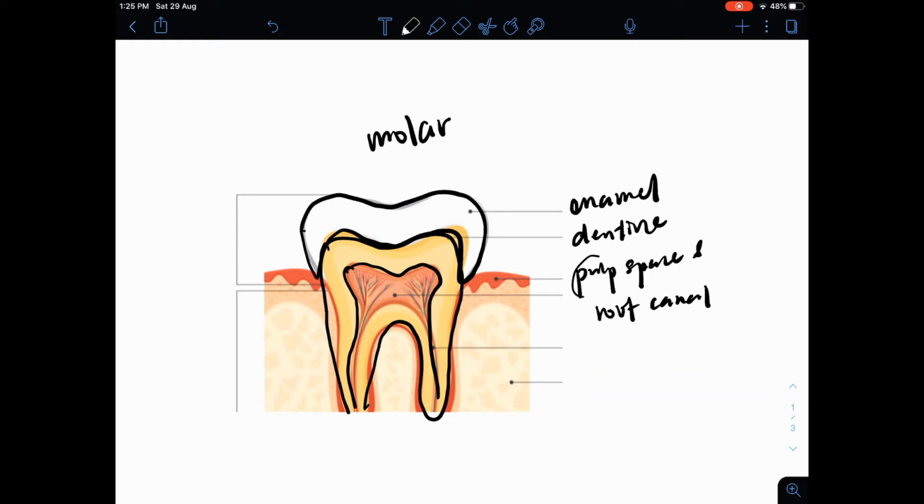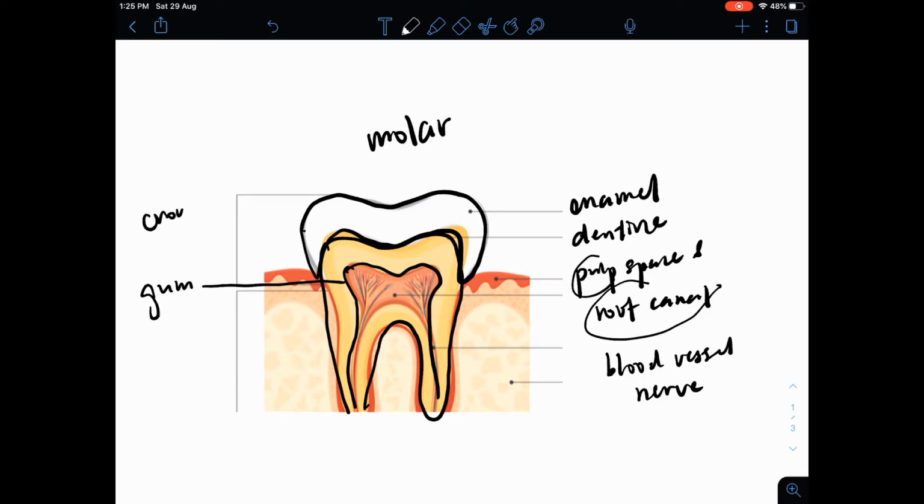The pulp and the root canal are where the blood vessels and nerve run within the tooth. The tooth is divided by the gum into crown and root.